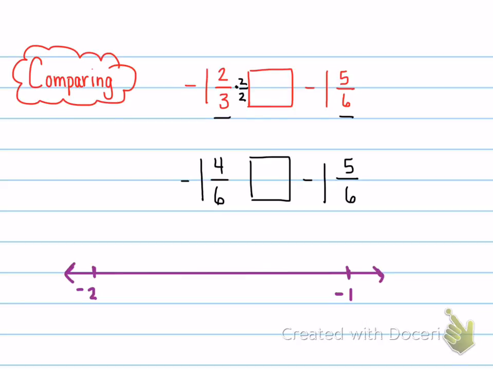And I know that I'm counting by sixths, so this is going to be negative 1 and 1/6, negative 1 and 2/6, negative 1 and 3/6, negative 1 and 4/6, negative 1 and 5/6, and then when I have negative 1 and 6/6, that's actually negative 2.